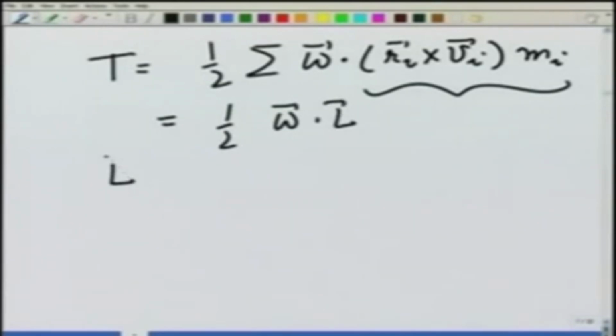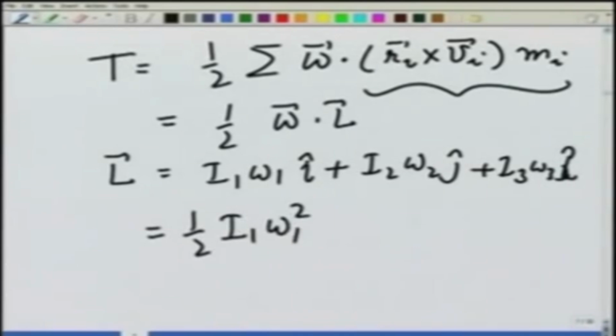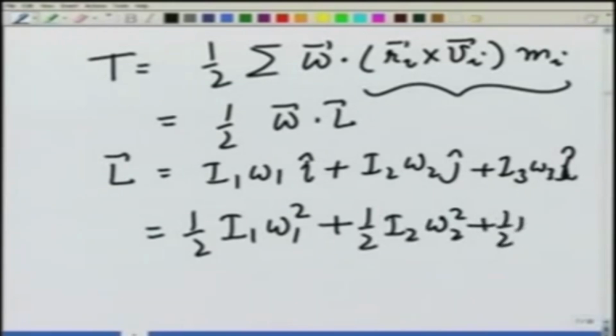And using L equal to, in the principal axis notation, I1 omega 1 i plus I2 omega 2 j plus I3 omega 3 k, this comes out to be 1/2 I1 omega 1 square plus 1/2 I2 omega 2 square plus 1/2 I3 omega 3 square.